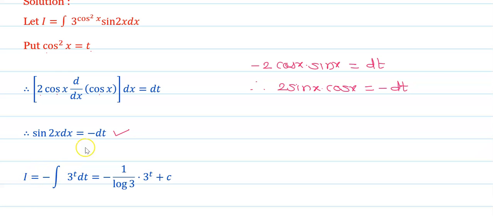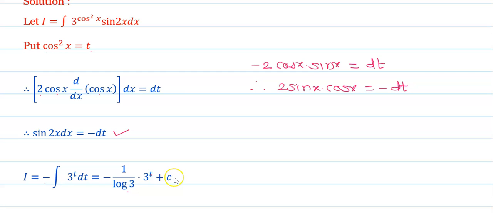That is I is equal to minus, the value of sine of 2x dx is minus dt. Here is a minus integral 3 raised to t into dt, and its integral is 3 raised to t upon log of 3 plus c, and hence the answer, that is I is equal to minus 1 upon log of 3 into 3 raised to t plus c.